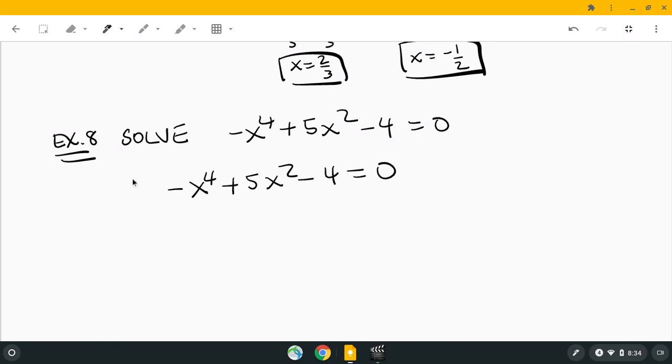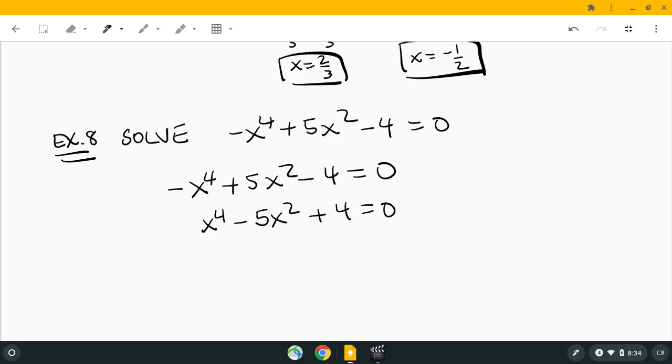All right, but I prefer this to be positive, so I'm going to go ahead and multiply everything, both sides, by negative 1, and that changes everybody's sign. So x to the 4th minus 5x squared plus 4 equals 0.